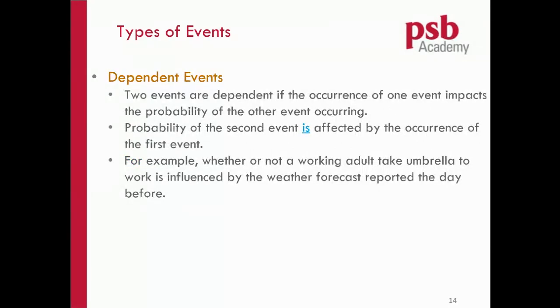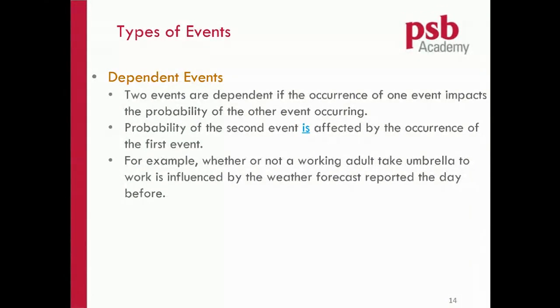How about dependent events? It's just the opposite of what we have just seen. Two events are dependent if the occurrence of one event affects the probability of the other event occurring. It affects, it influences. There are so many words, right? Impact, influence, affected.